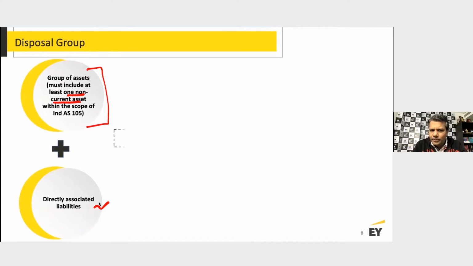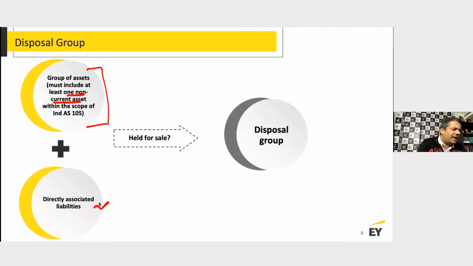Both put together, which you intend to hold for sale, are called a disposal group.